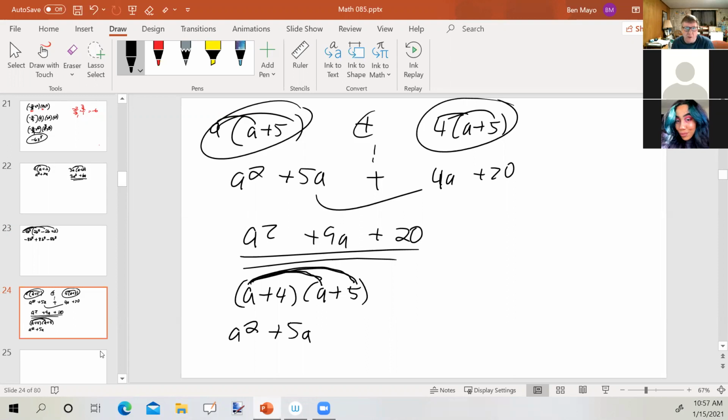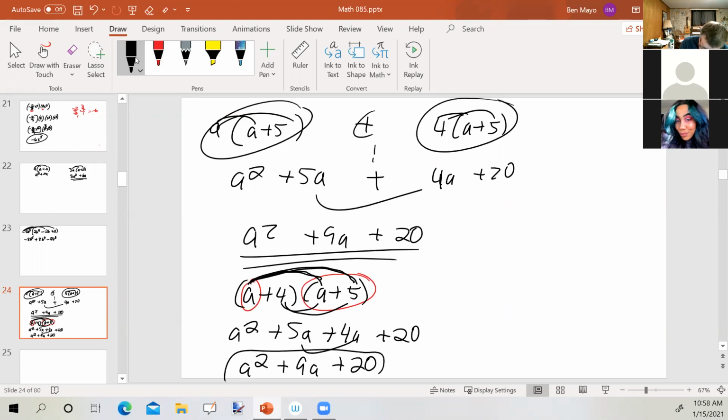Now that I've exhausted all the combinations of multiplying this a times the a plus 5, I'm going to move on and do the 4 and get 4a plus 20. Finally, combining like terms, I'm going to get a squared plus 9a plus 20 as my final answer. So what we've just done is we've multiplied together 2 binomials. Okay.